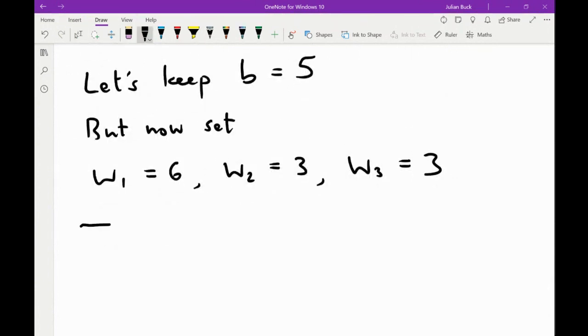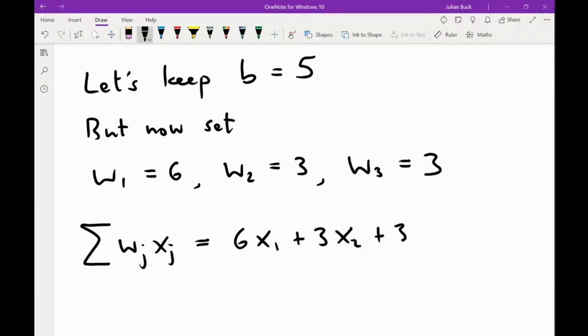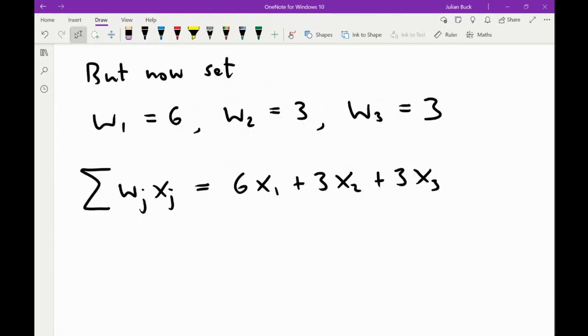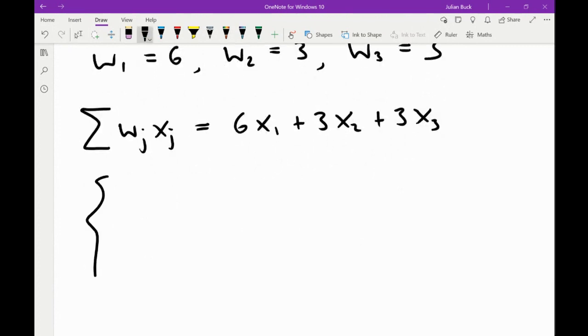So let's consider what our net input looks like here. It's 6x1 plus 3x2 plus 3x3. And this has the following property. It's greater than or equal to 6 if x1 equals 1, right? So if x1 is 1, then it's definitely at least 6.